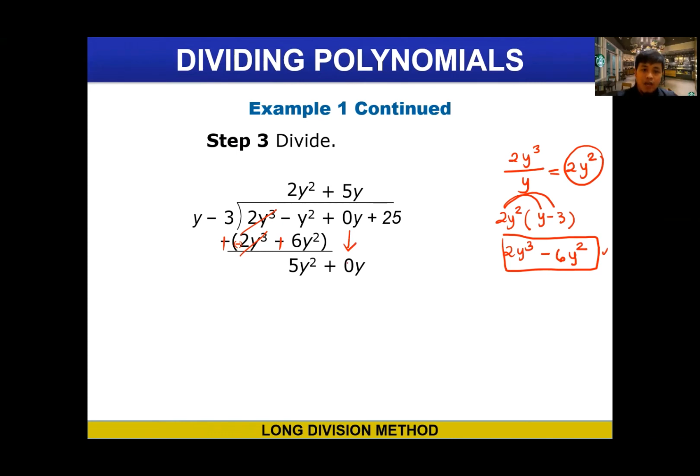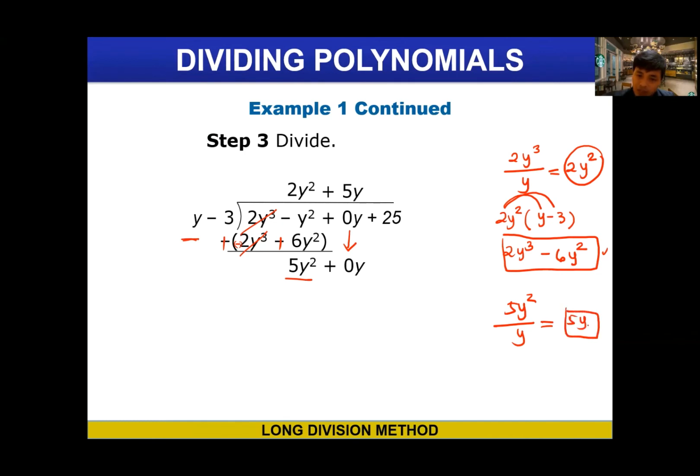After that, we're going to divide this term by this term. So we have 5y squared divided by y. Again, first term divided by the first term of the divisor. So we have 5y.